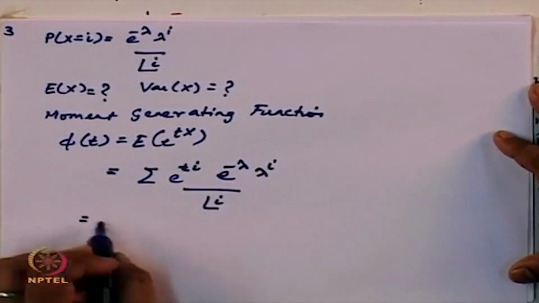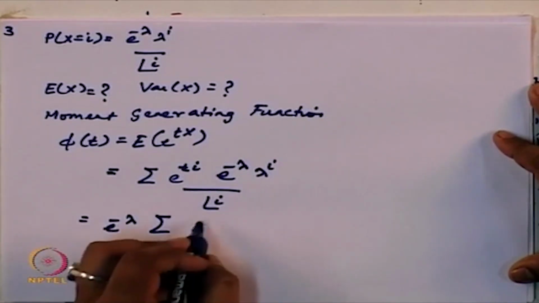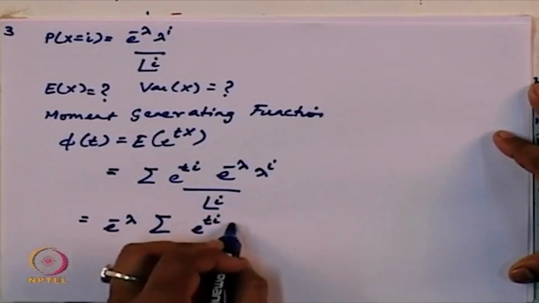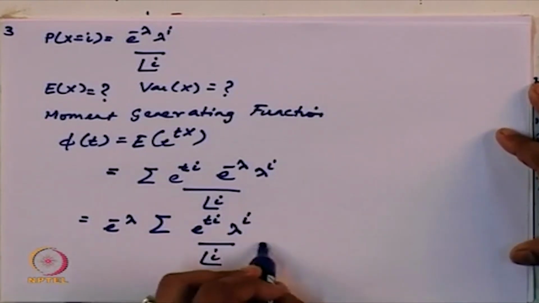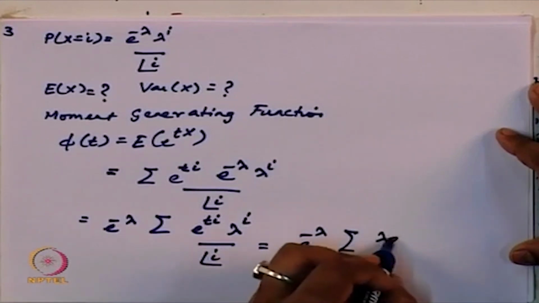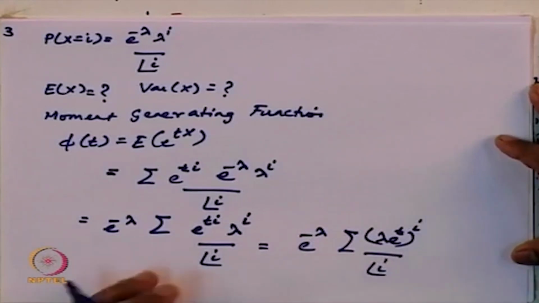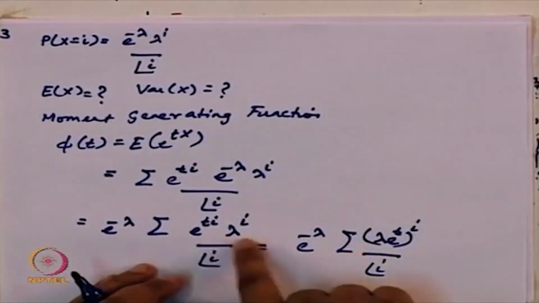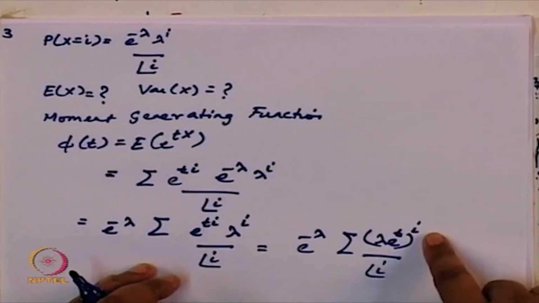I can take out e to the power minus lambda and you have the summation of e to the power ti lambda to the power i by factorial i, which is lambda e to the power t whole to the power i.